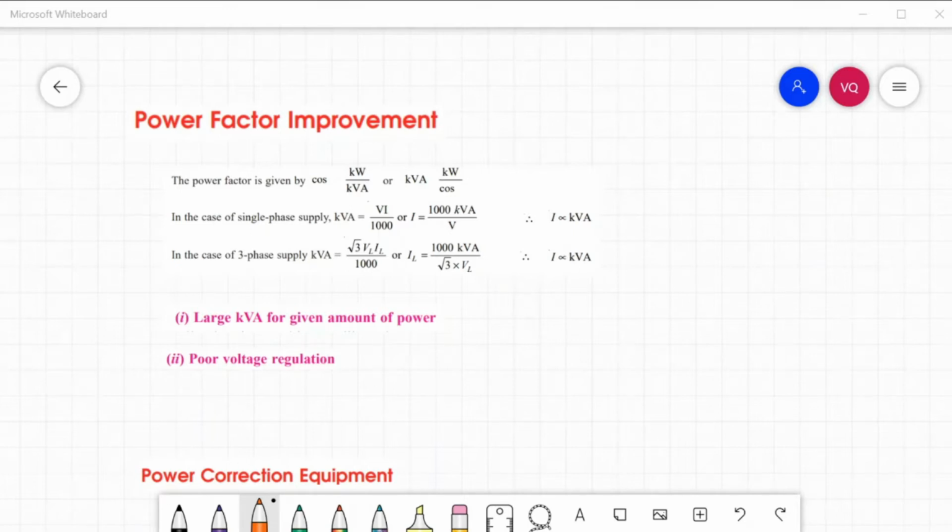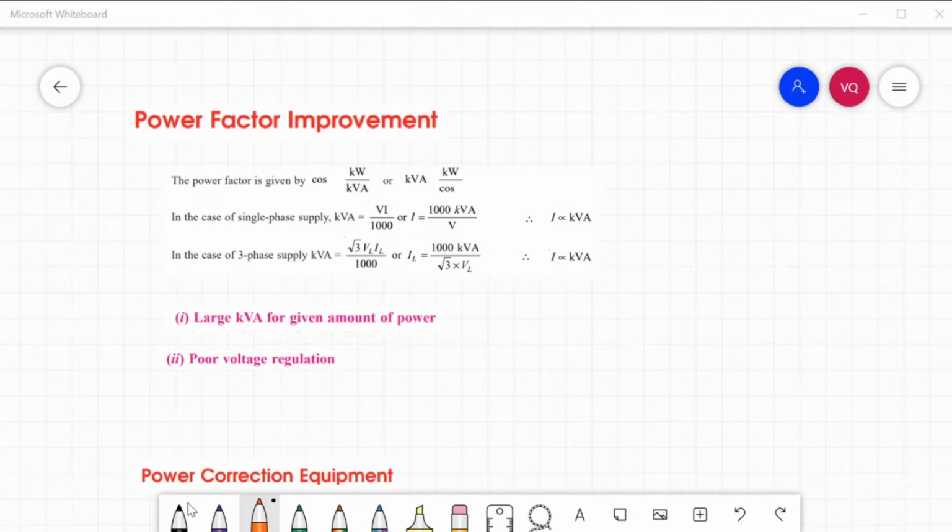So for the power factor improvements, the heating and lighting loads supplied from a three-phase supply have power factors ranging from 0.95 to unity. But motor loads have usually low lagging power factors ranging from 0.5 to 0.9.